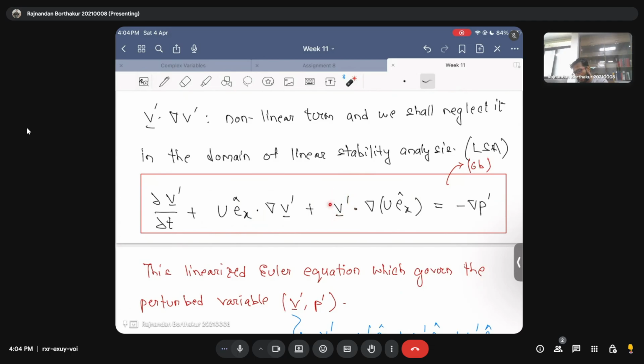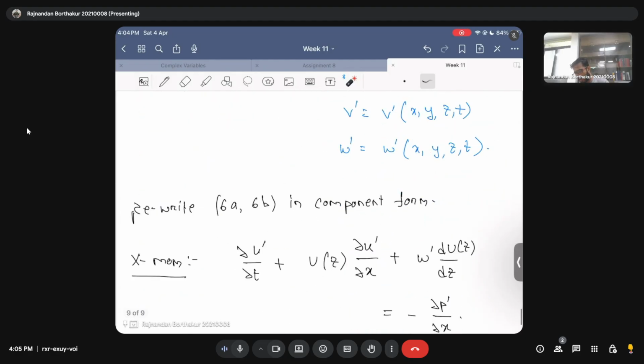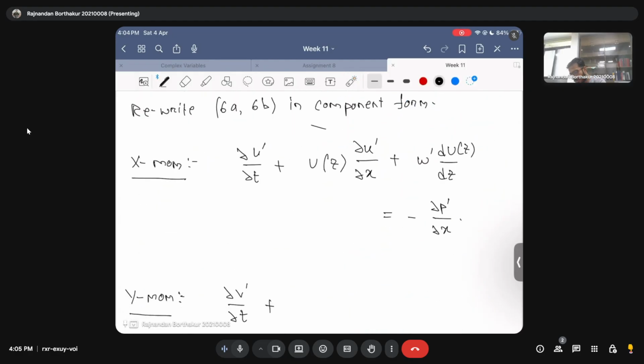Sorry, I think I just wrote it the other way around. In the y direction, this term remains, but the other term goes to 0. Sorry for the confusion. So x momentum is okay.